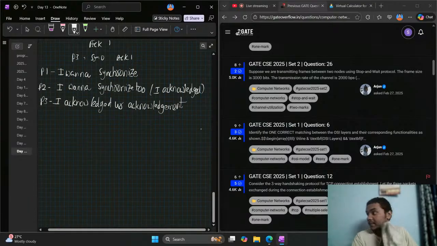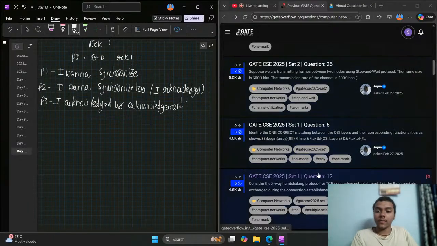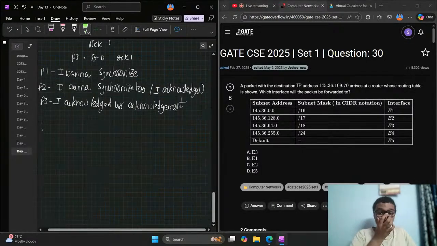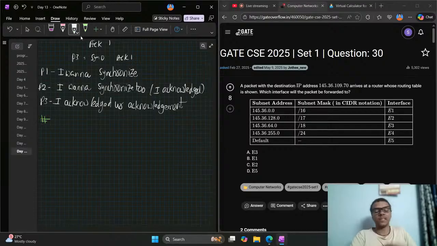Nice. And we did this subnet masking already. We did that one, but I did not remember.